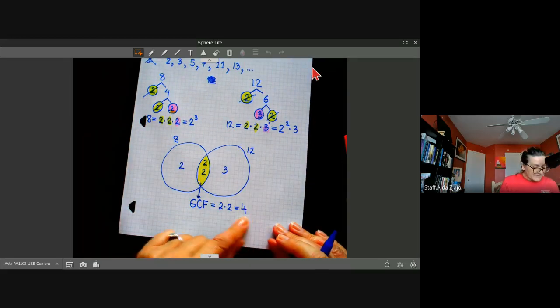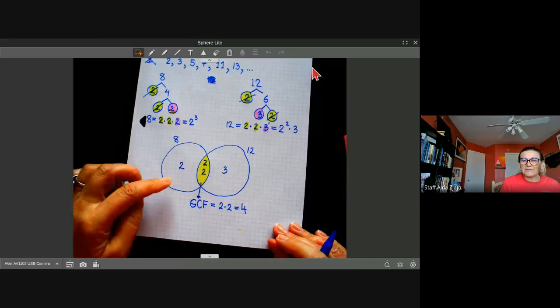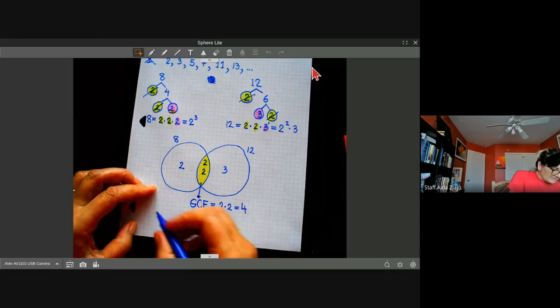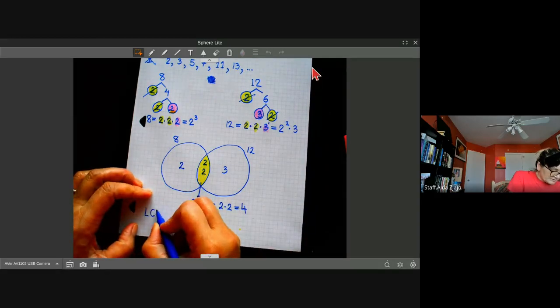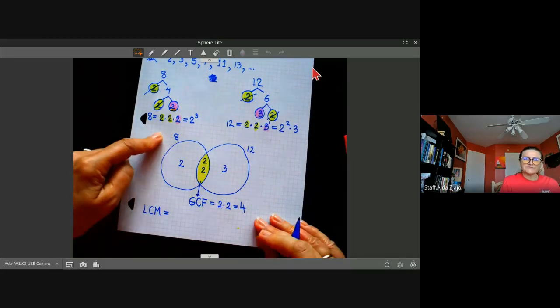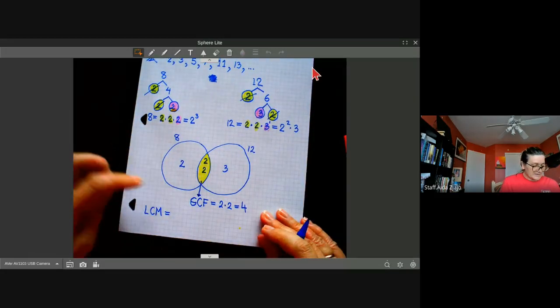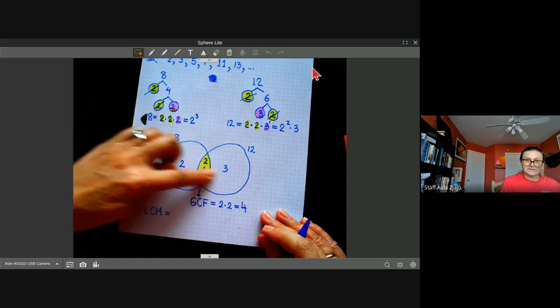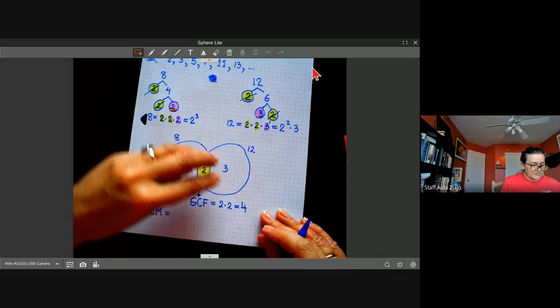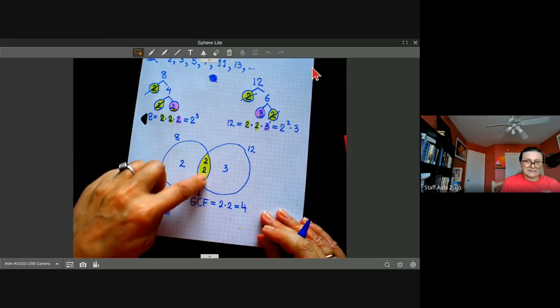Okay, and if I needed to find the least common multiple for these two numbers, I can multiply all the numbers that are in both circles and in the intersection.